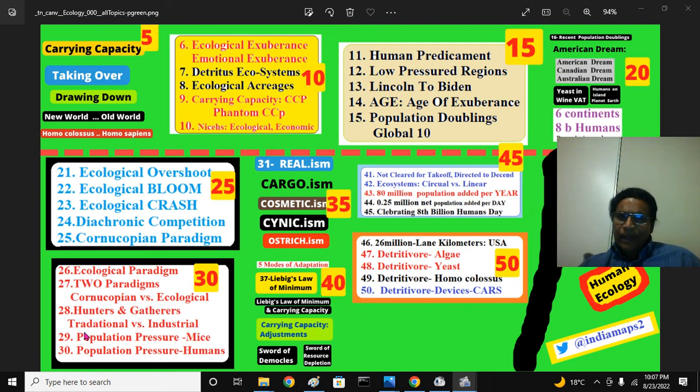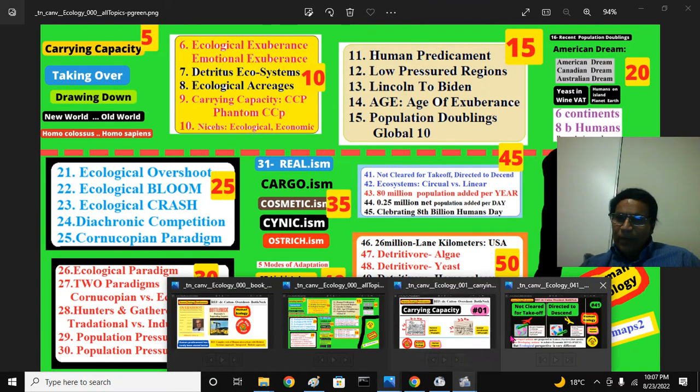Hunters and gatherers, traditional hunters, gatherers, industrial hunters and gatherers, how humans can adapt to the post-exuberant era after 2000 AD, realism and cargoism and cosmetism, cynicism, ostracism. And I discussed Liebig's law plus carrying capacity, adjustment, contraction, expansion, the sword of Damocles, and the sword of resource depletion, and all those things in the previous presentations.